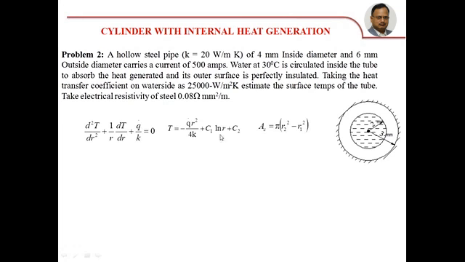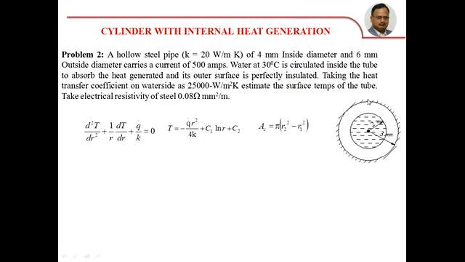Because all these temperature expressions have either a logarithm or a reciprocal value, 1 by R, something like that, the temperature distribution with internal heat generation in cylindrical or in spherical systems is hyperbolic in nature.